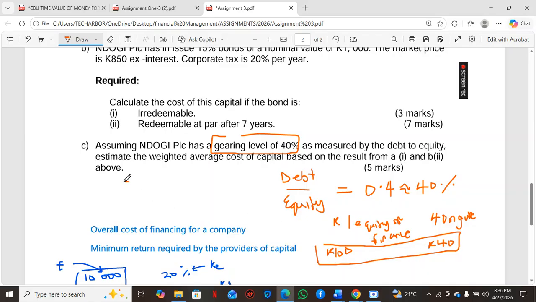So in my formula, for equity financing I'll use 100 kwacha, and for debt financing I'll use 40 kwacha. Any questions before I move on?